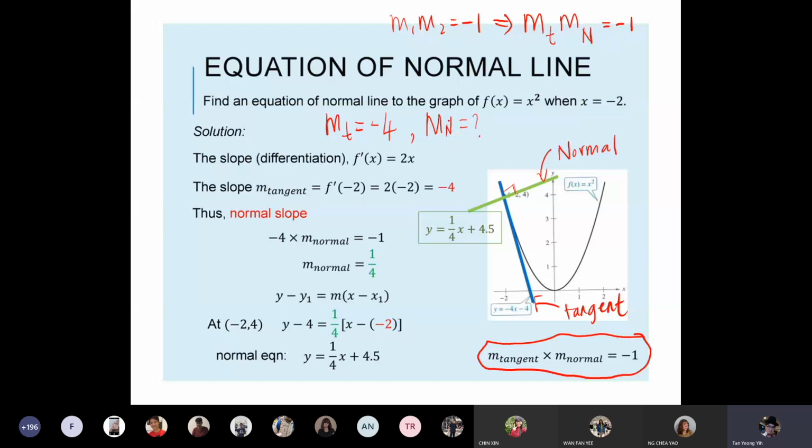The slope of the normal will be -1 over the slope of the tangent, which is -1 over -4, so we get 1/4. So this is the slope of the normal.